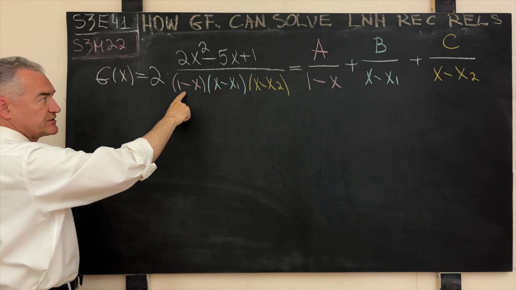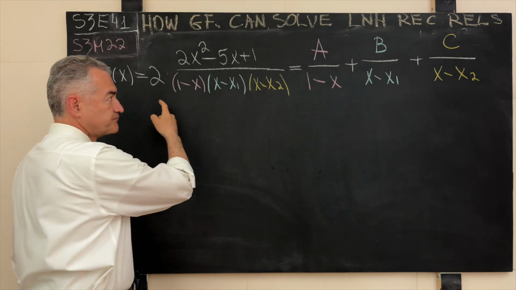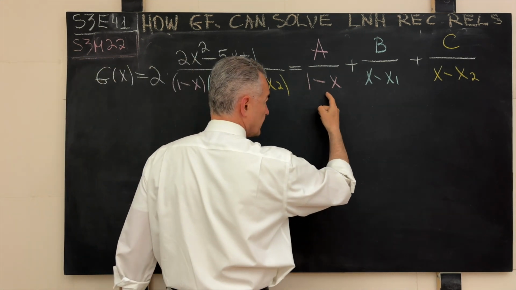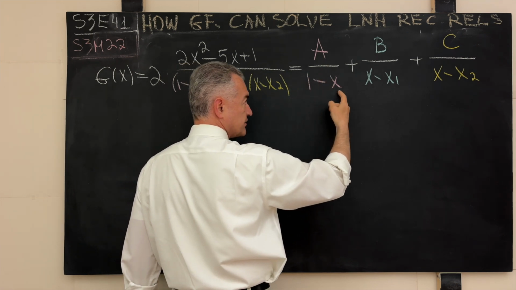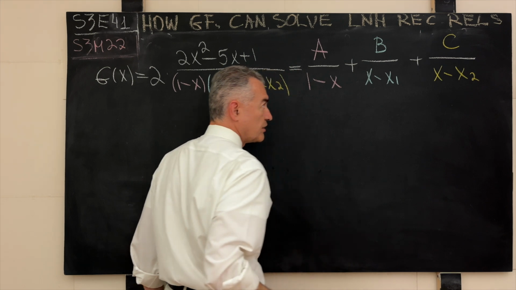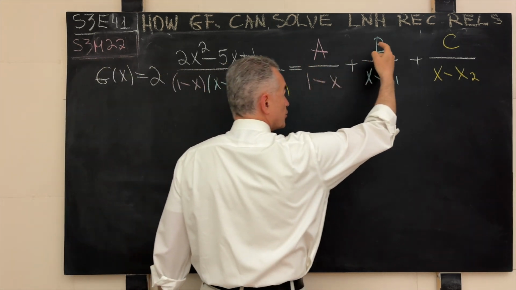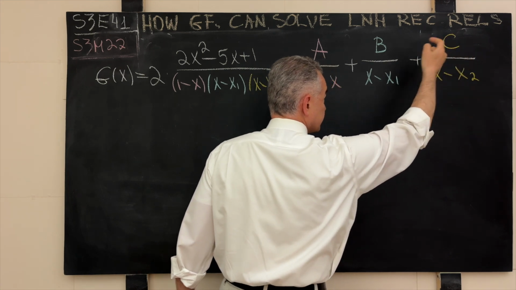The factor 1 minus x also comes in the first power. Then we represent this function as the sum of the following ratios: a over 1 minus x plus b over x minus x1 plus c over x minus x2. And now our objective is to determine the values of the constants a, b, and c.